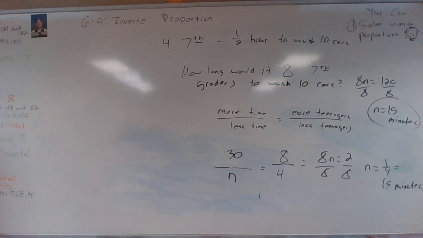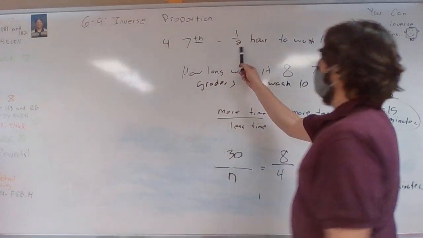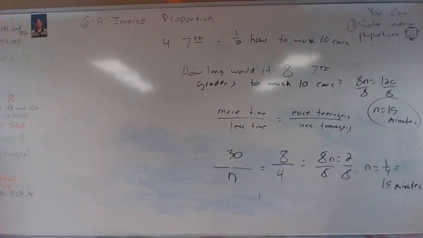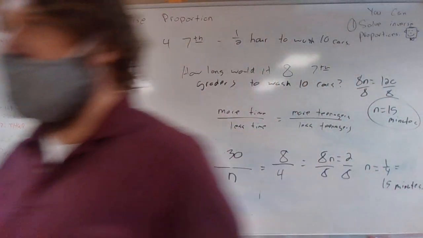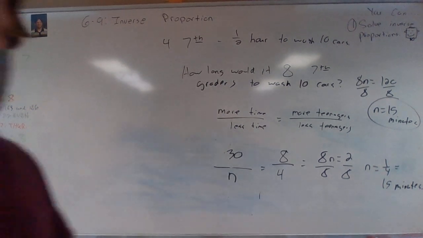So if I double the number of 7th graders, double 2, and I multiply by the reciprocal of a half hour, 1/2 times 1/2 equals 1/4. 1/4 of an hour. Multiplied by the reciprocal. Okay?